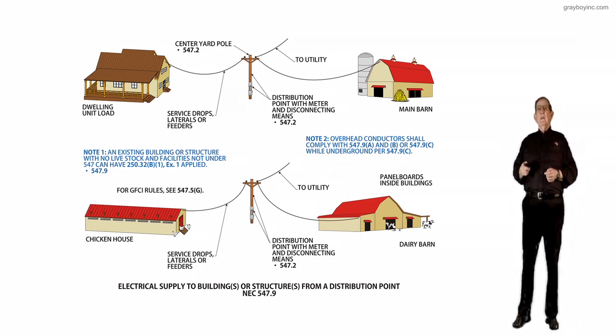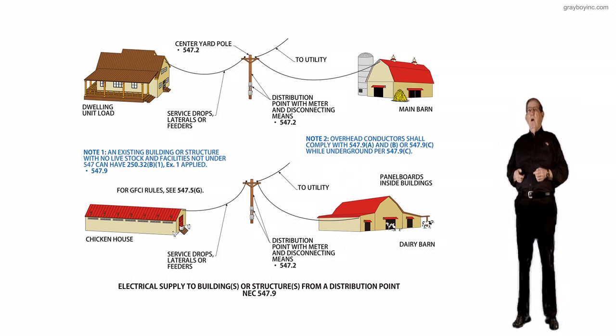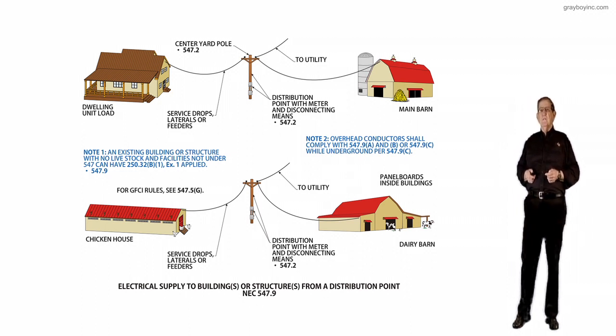Now at the very top we have a center yard pole, we have an overhead drop over to the dwelling unit. We have an overhead drop over to a main barn where grain may be handled and everything.